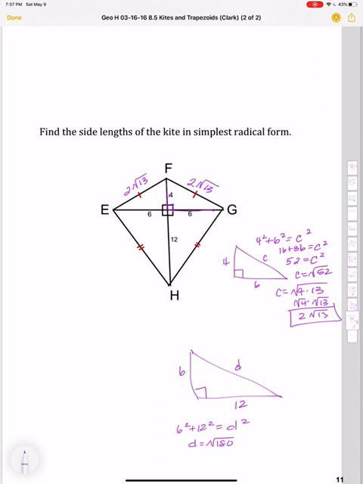Let's see, 9 goes into that. So we'll have the square root of 9 times the square root of 20. And 4 goes into that. So the square root of 9 is 3. The square root of 20 is 2 root 5. So this is 3 times 2, so 6 root 5. So this is 6 root 5, and this is also 6 root 5.